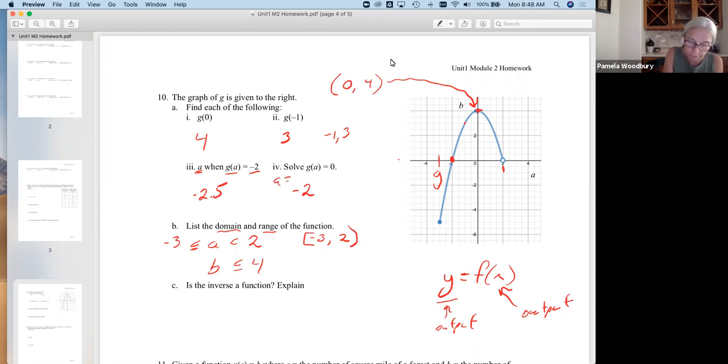So I know that B cannot be lower than -5. It could equal -5, but it can't go lower than -5. That's that point there.